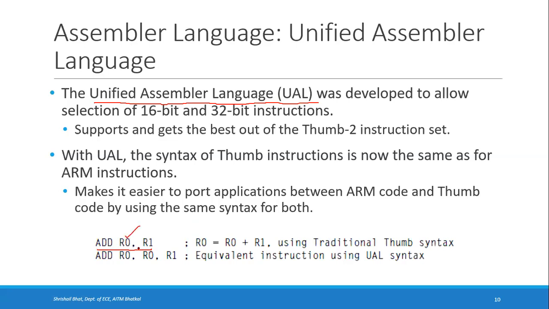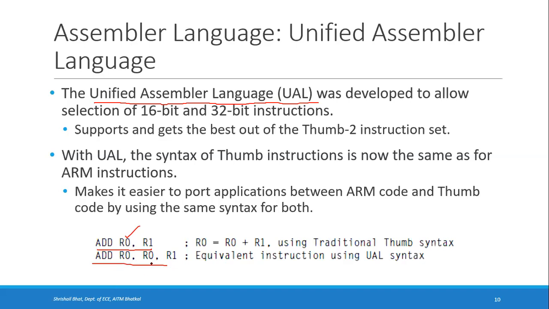If it is in UAL, in Thumb-2, the equivalent instruction using UAL syntax will be like this. Here you have an option to change your destination. If you want to copy the sum into some other register, you can do that in UAL. If you want the same operation, in UAL, the unified assembler language, it will be like this: ADD R0, R0, R1.